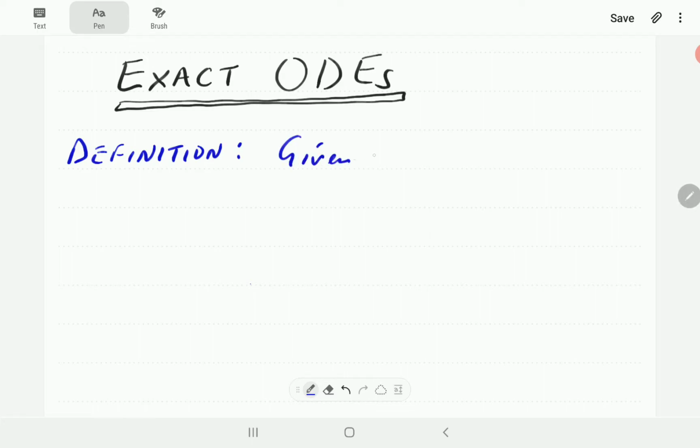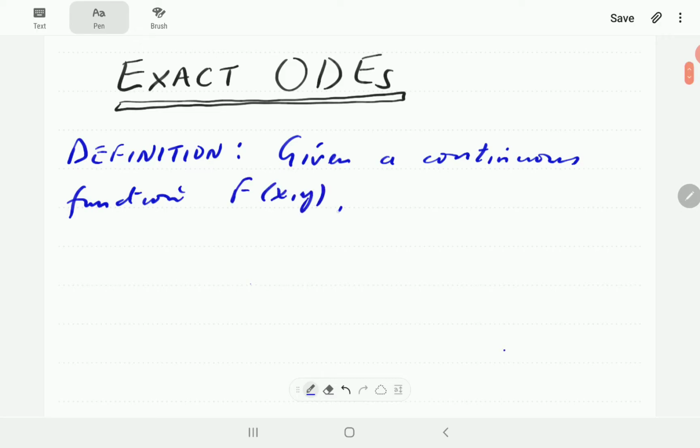So given a continuous function of two variables, x and y, continuous function f of x y, we define the total differential as follows.